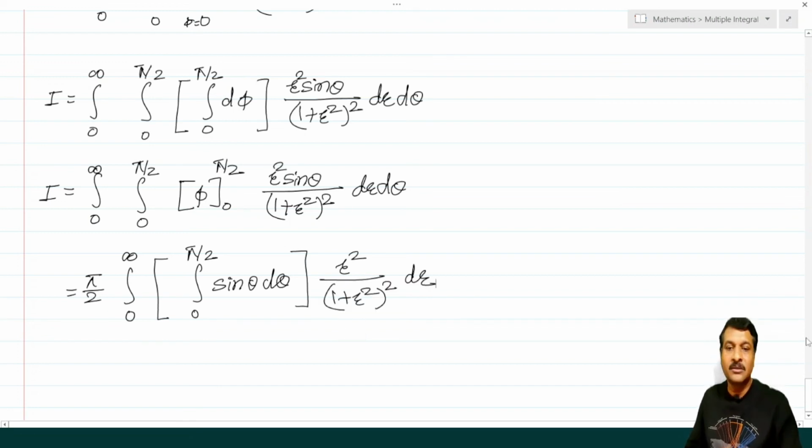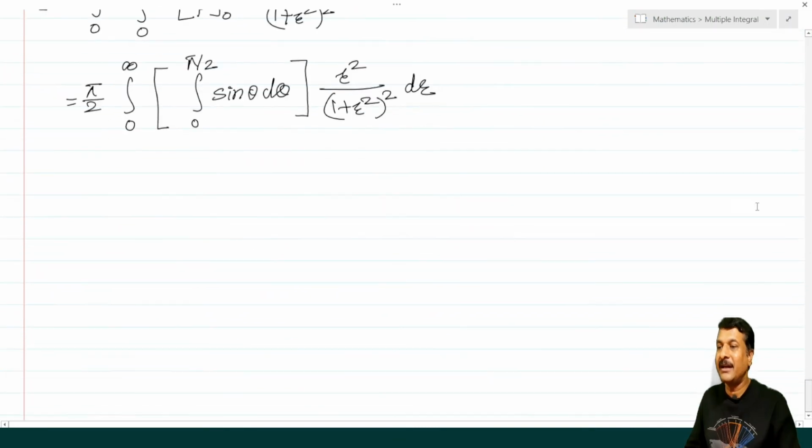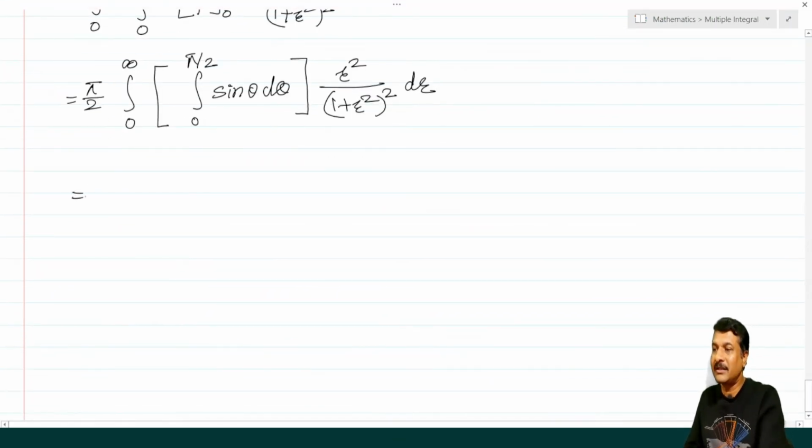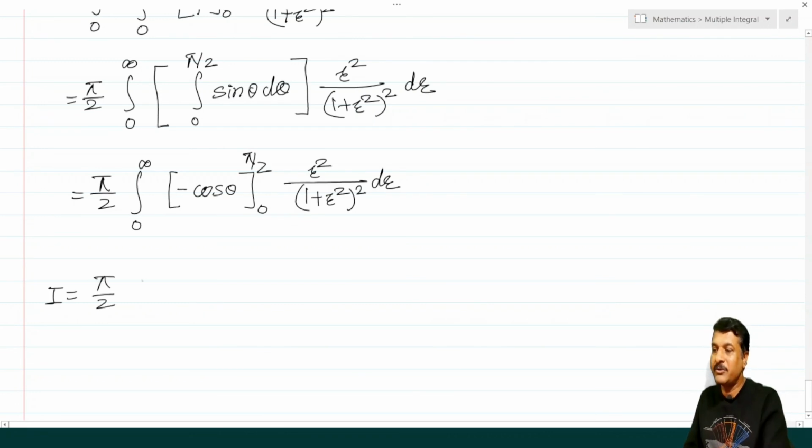So what is the integration of sin theta? It is minus cos theta. So I am getting minus cos theta, lower limit 0, upper limit pi by 2, and the remaining as it is. So I equal to pi by 2 integration 0 to infinity.